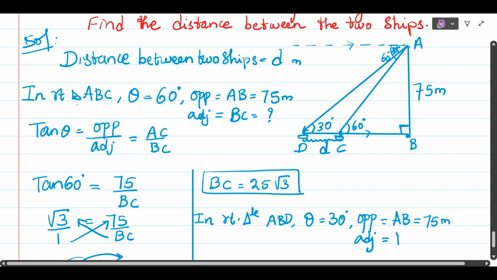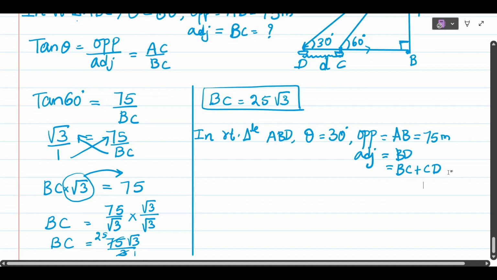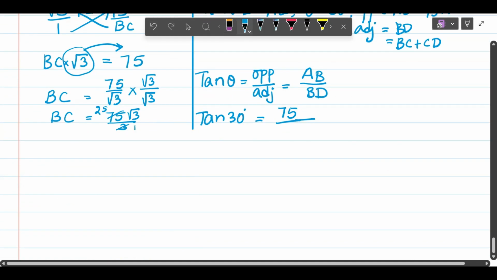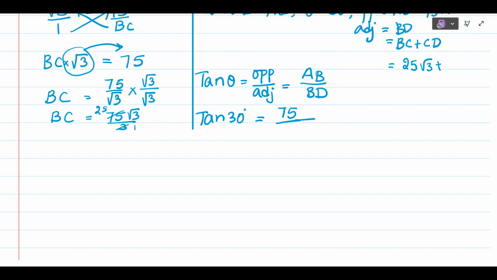BD. If you observe carefully, BD is nothing but BC plus CD. Okay. So we have found out just now the value of BC. Apply here, students. How much did we get BC? 25 root 3 plus CD, means small letter d.